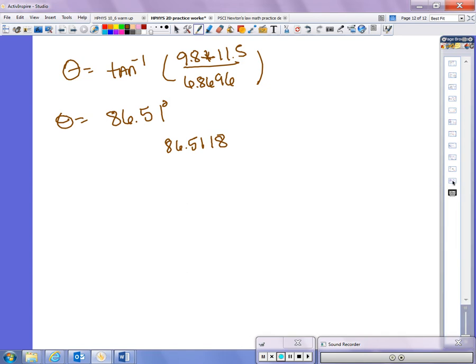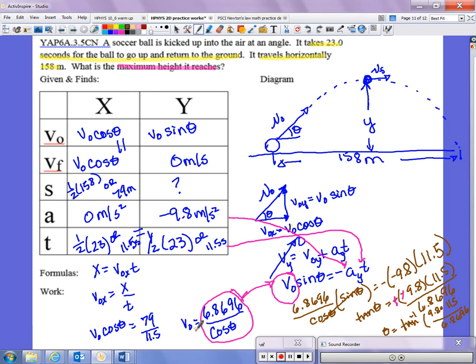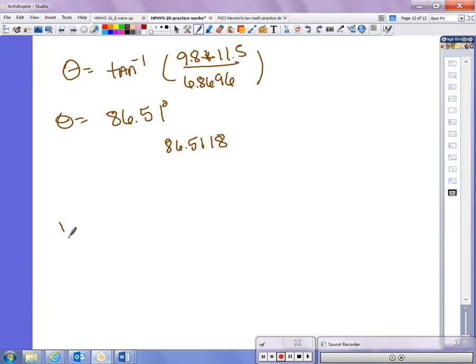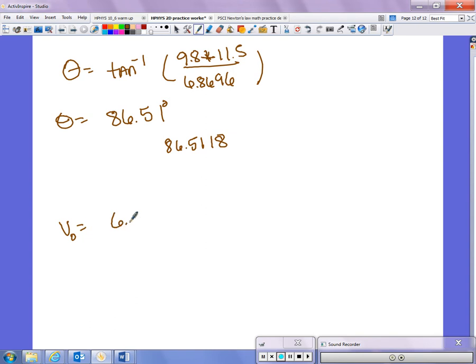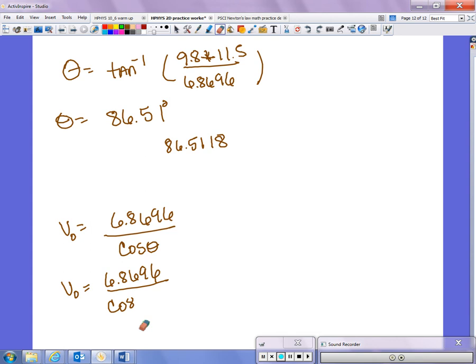All right, so we go back here just to see what I was dealing with. Recall that V naught was equal to 6.8696 divided by the cosine of theta. So V naught from our x formula was 6.8696 divided by the cosine of 86.51.